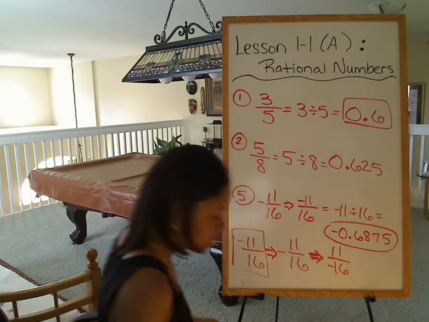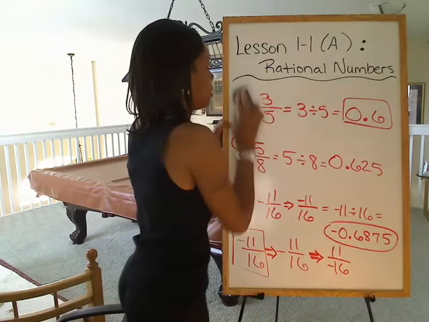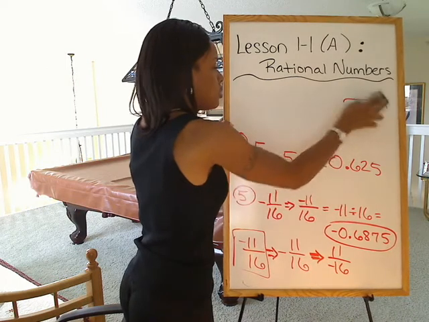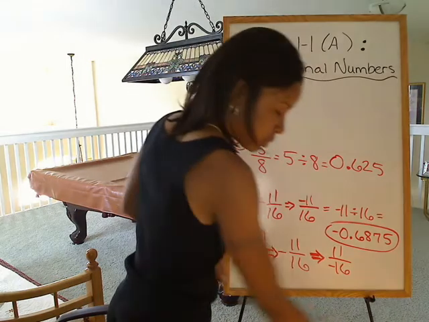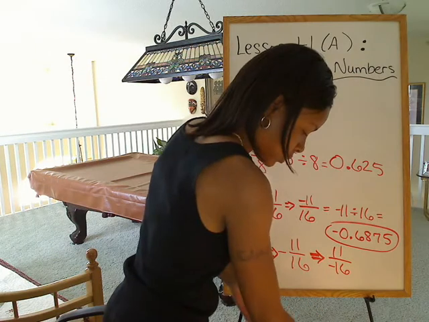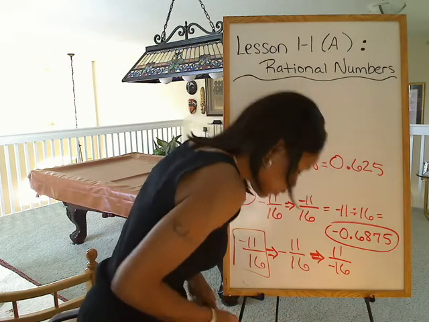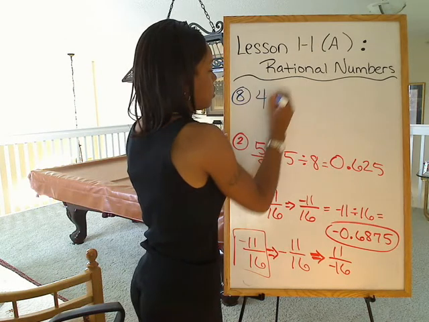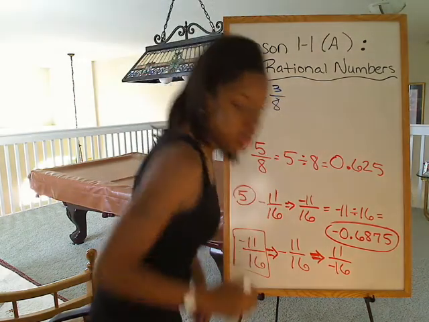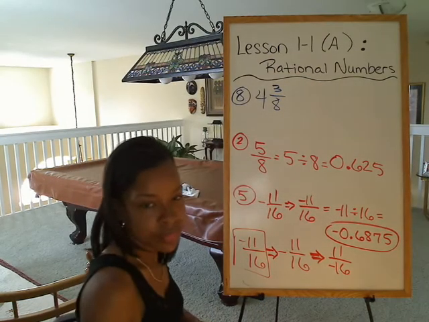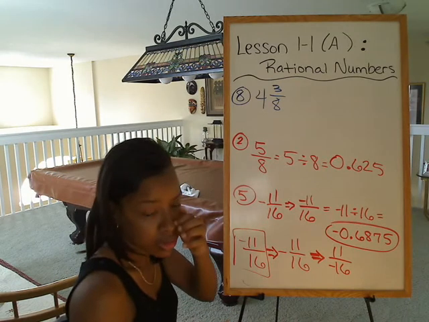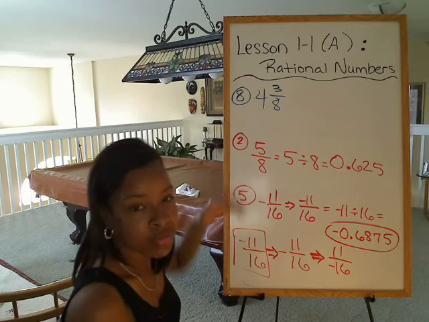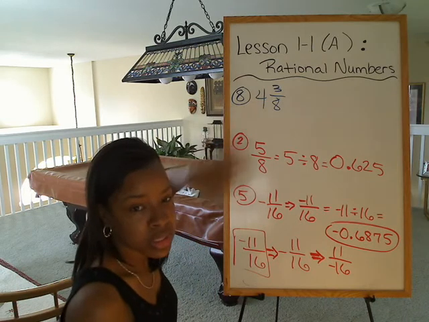Next question I'm going to do is number 8. And number 8 says 4 3/8. 4 3/8 is what we call a mixed number.